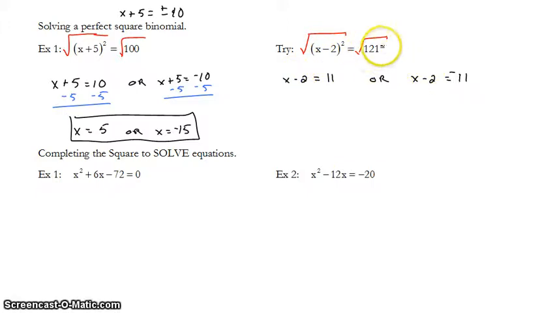But the square root of 121 is either 11 or negative 11. It has to be two equations. One equation is not going to be good enough to get credit on this type of problem. At this point, you solve and get x equals 13 or x equals negative 9.